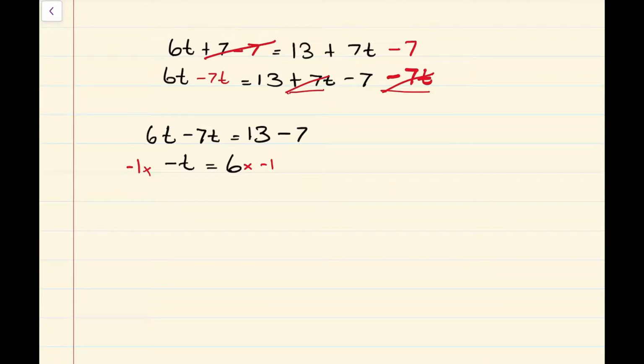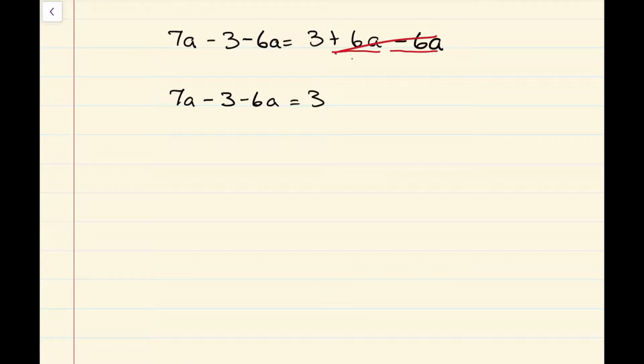So -1 times -t is going to give us just t, positive t. And 6 times -1 is going to give us -6. So then t is just equal to -6. And that's basically how to solve that question.